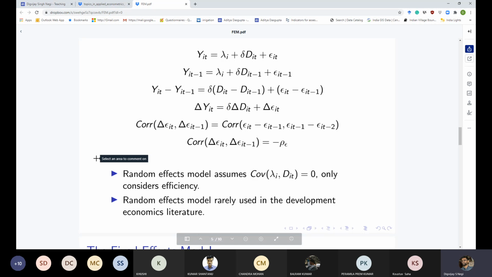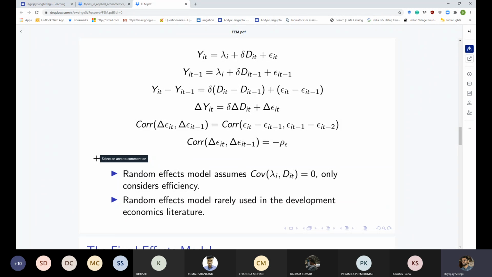Another way in which these lambda i's are modeled is called the random effects model. I will not spend too much time on the random effects model because we generally don't use it.